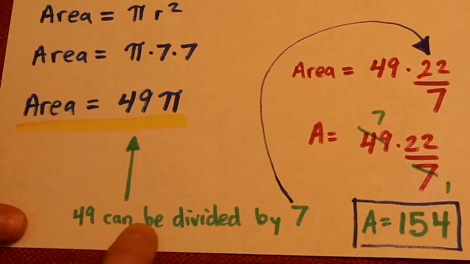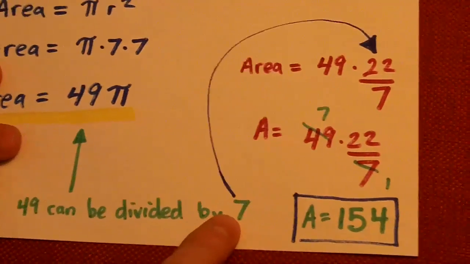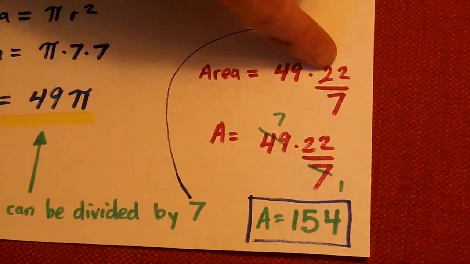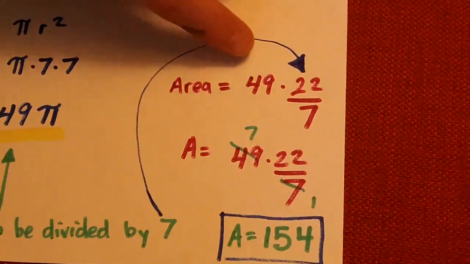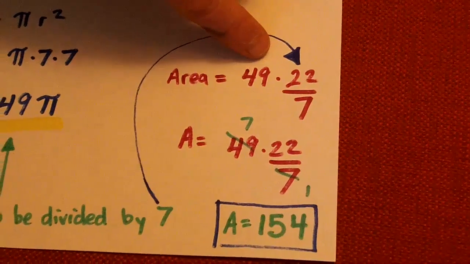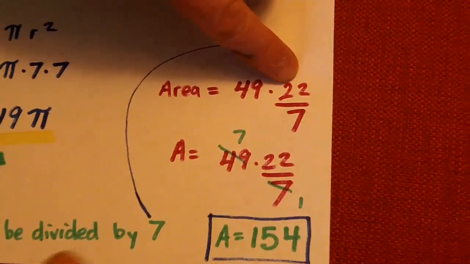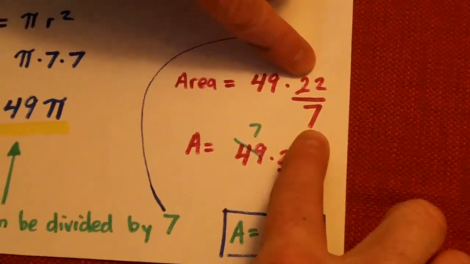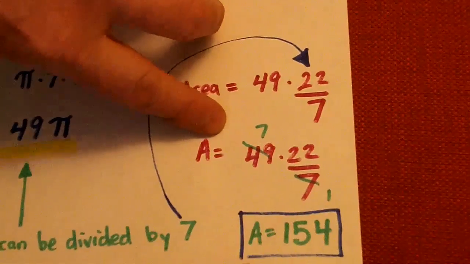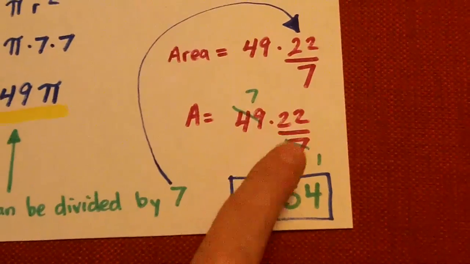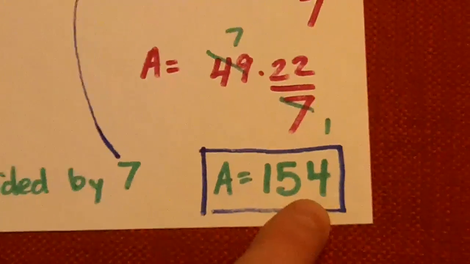Since 49 can be divided by 7, we're going to use 22/7 instead of 3.14. Then when we take our r squared times our pi value, we can cross cancel, and we get exactly 7 times 22, which is 154.